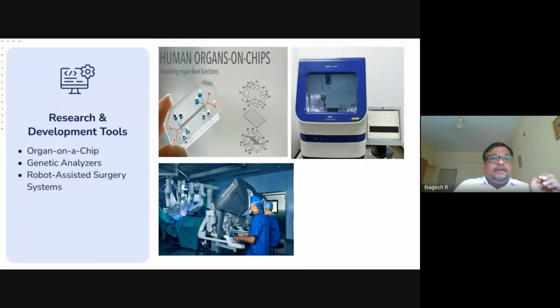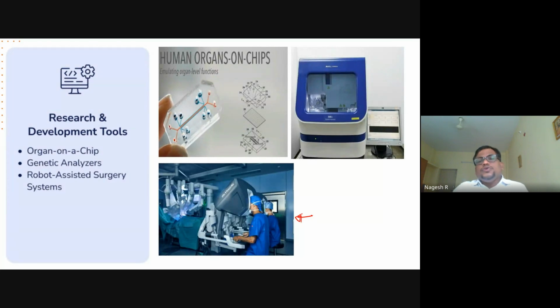In research and development, you have organ on chip, genetic analyzers, and robot assisted surgeries, which are totally smart these days. Robotic assisted surgery gives accuracy, blood loss is less, and the number of cuts is less.